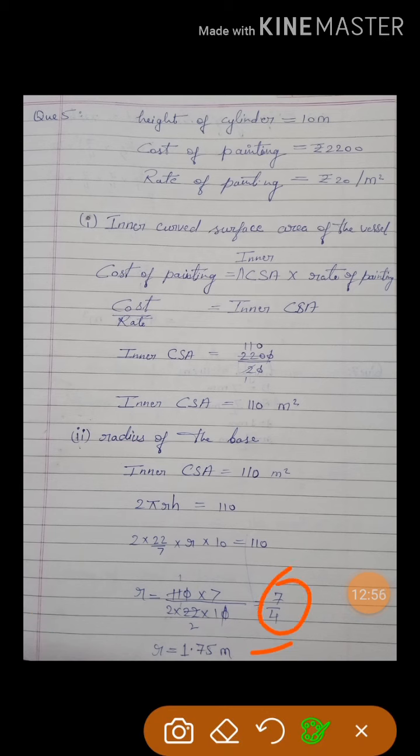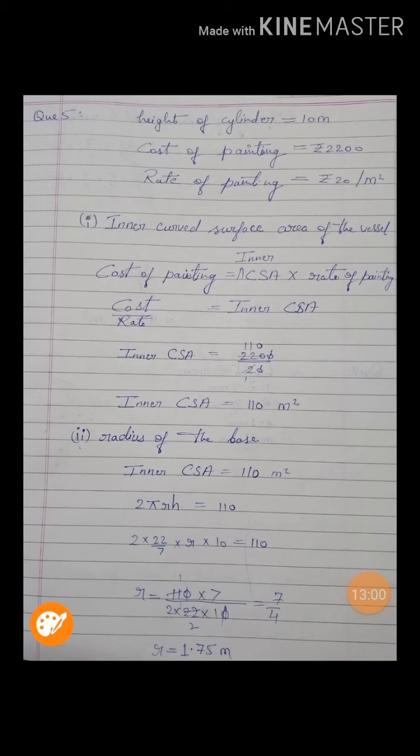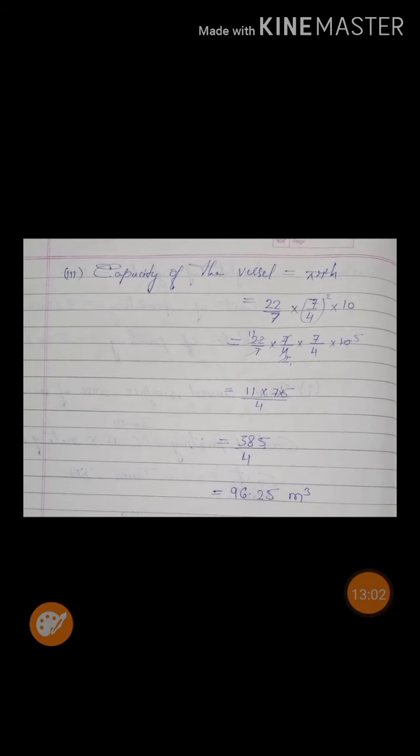It will be cancelled, and it will be easy for us. So we write in place of r, 7 upon 4 square into height 10. Now we solve this and get the value 96.25 meter cube, which is the capacity of the vessel.